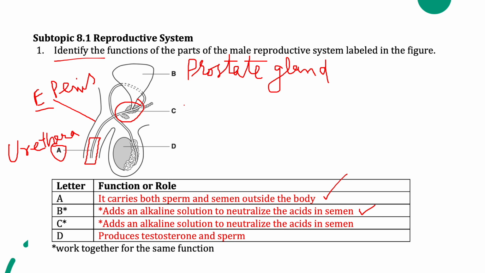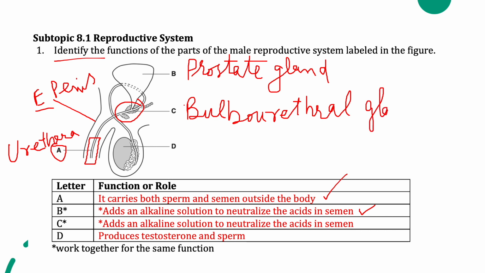Then we have C, which is called the bulbourethral gland. This bulbourethral gland is another accessory gland out of the three we studied. Remember, we studied three accessory glands: the prostate gland, the bulbourethral gland, and the seminal vesicles.